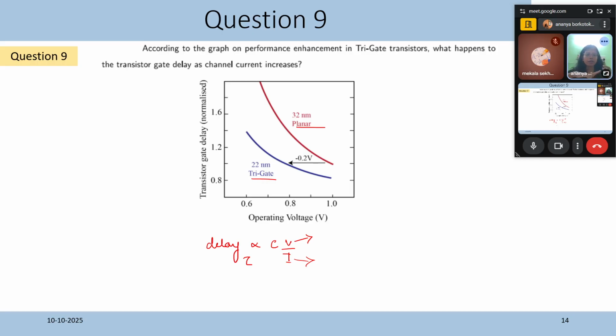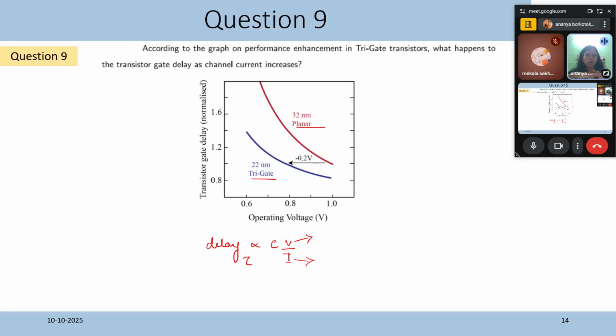If it is a planar technology, only a portion of the effective channel length will be controlled by the actual gate. There will be charge sharing and other concepts that will happen because of the nearby regions, right?